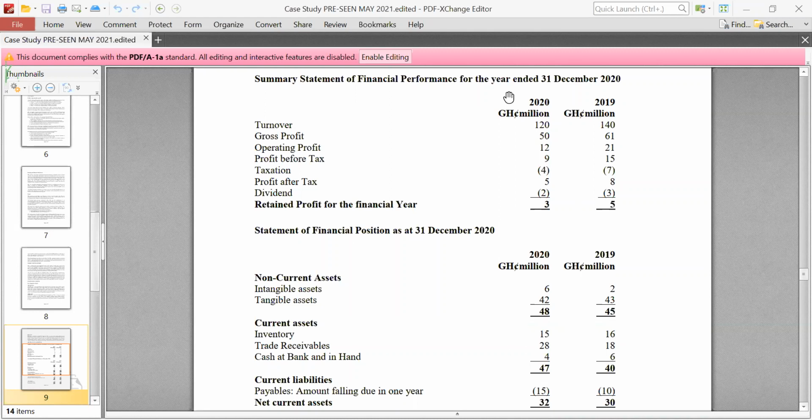When I see that profit is declining, immediately, what are the components of profit? Revenue, costs. Revenue declining will cause profit to decline. Cost increase will cause profit to decline, or both of those two factors. And we are seeing here that revenue has declined by 20 million.